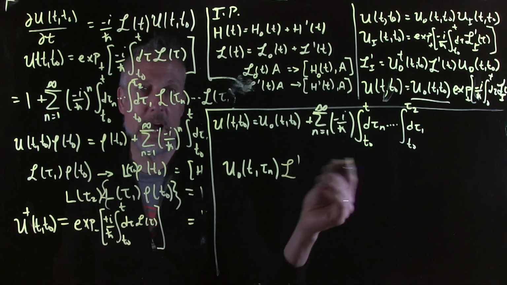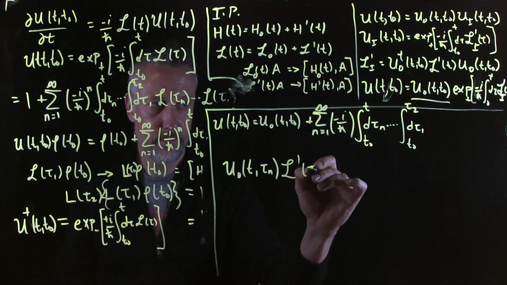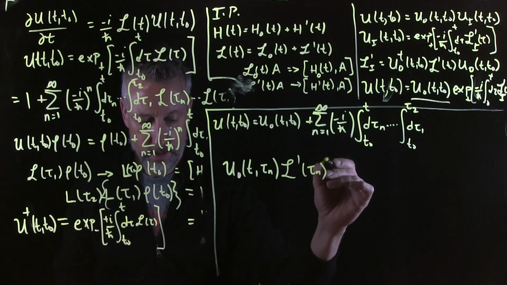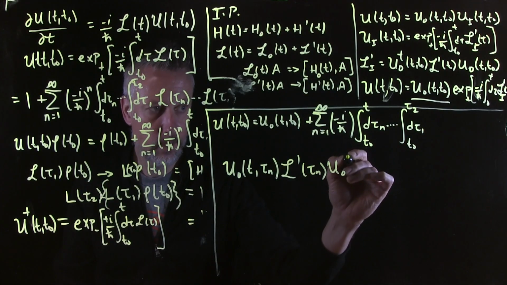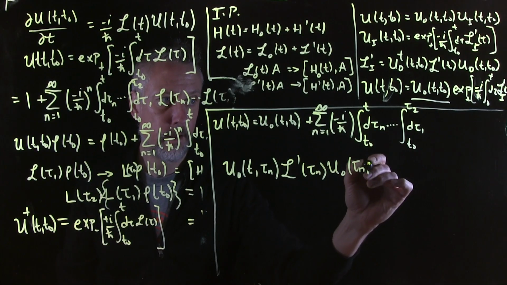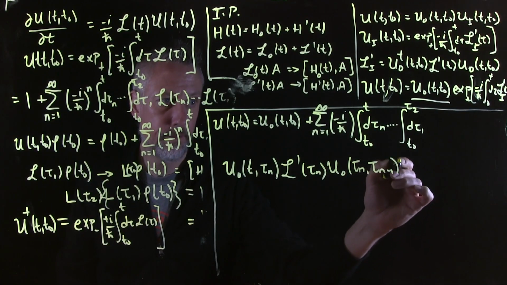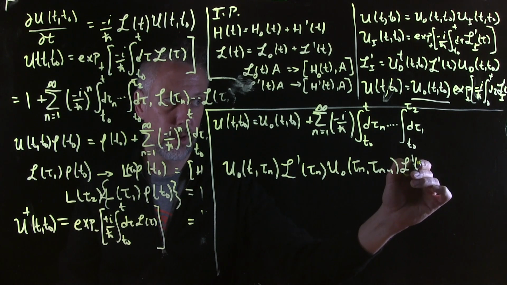And then we convert back from the interaction picture to the non-interaction picture, whatever you want to call it, the Schrodinger picture in Liouville space if you want. This is going to be tau n minus 1, right? And then I'll put a couple terms in just for the heck of it.